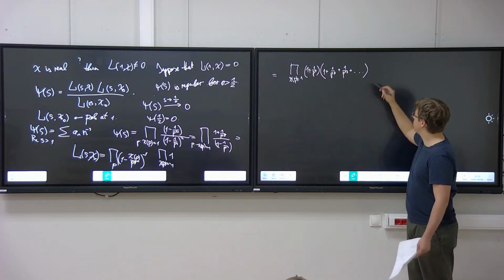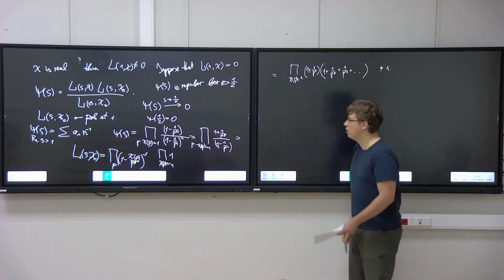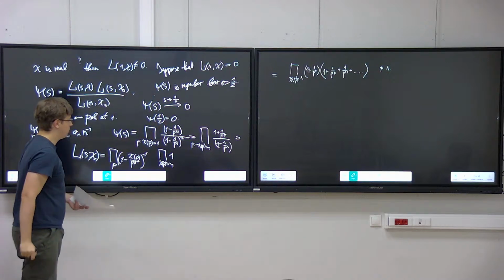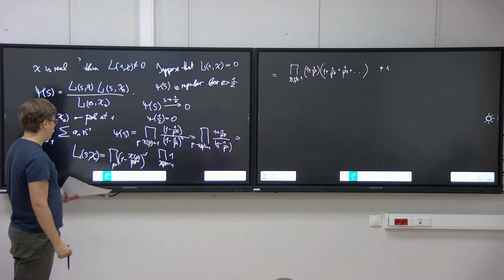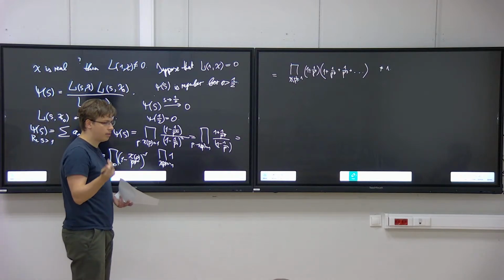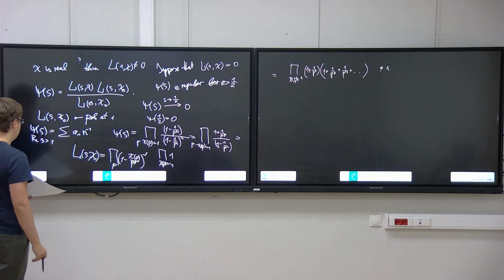Of course, the whole product is not equal to 1, because psi is not equal to 1, because it converges to 0. Here, this argument is by analytic continuation. In this area it is constant.